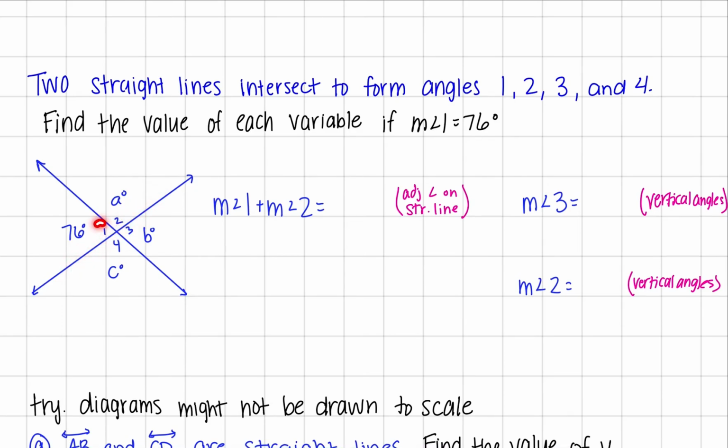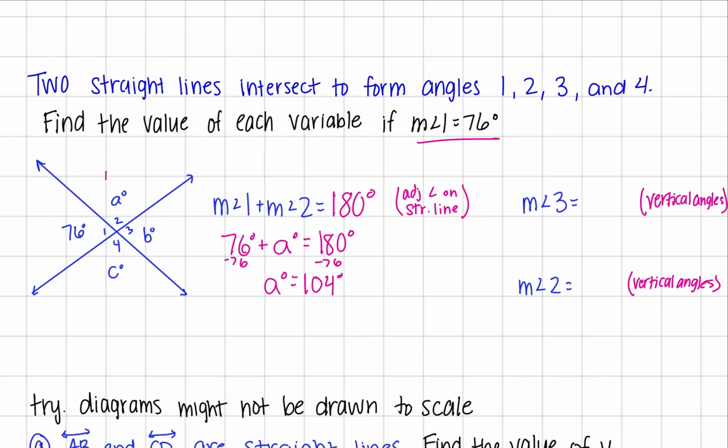Well, they are adjacent angles on a straight line, so they add up to 180 degrees. We can substitute in. Measure of angle 1 is 76 degrees because that is given. And the measure of angle 2 is A. We subtract 76 from both sides. And A is 104 degrees.